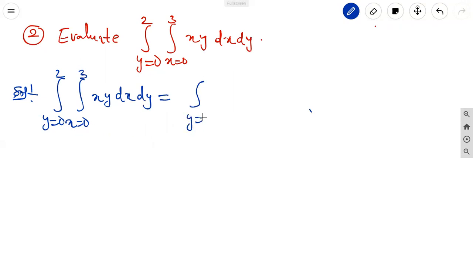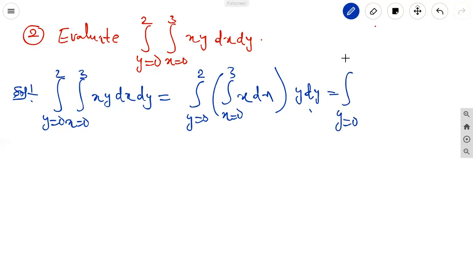So y equal to 0 to 2, the integral x equal to 0 to 3, x dx, the other variable y dy is right outside. Put brackets for the x values. Here, integral y equal to 0 to 2, integration of x dx is x square by 2, limits from 0 to 3, y dy.